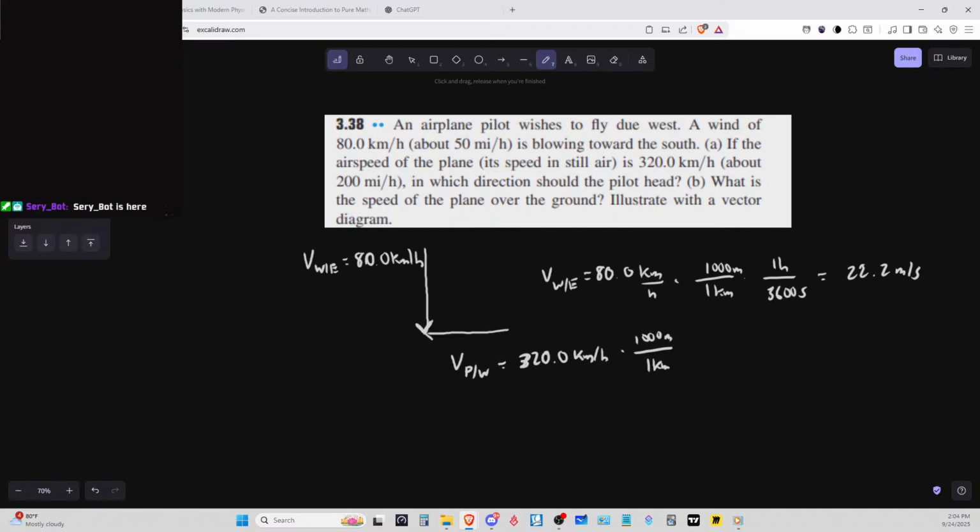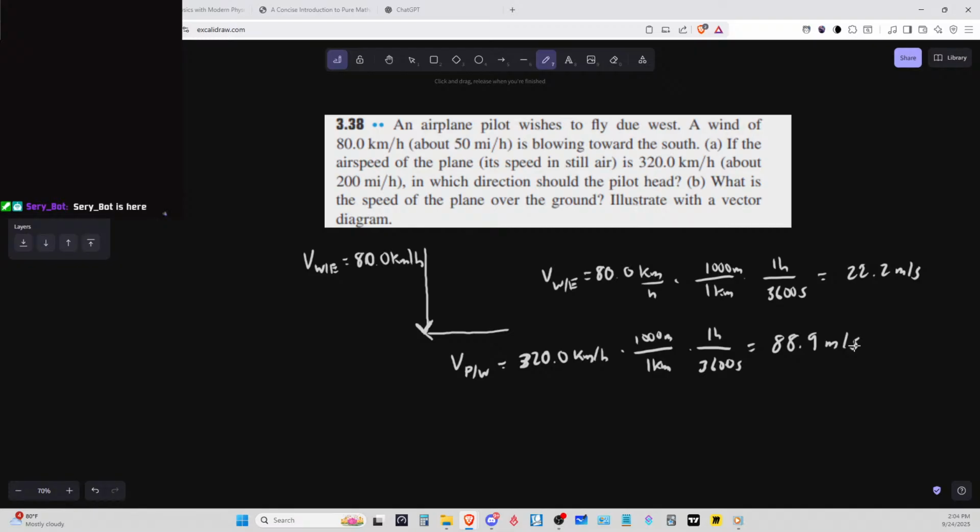Meters, kilometers, 1 hour. That gives 88.9 meters per second.